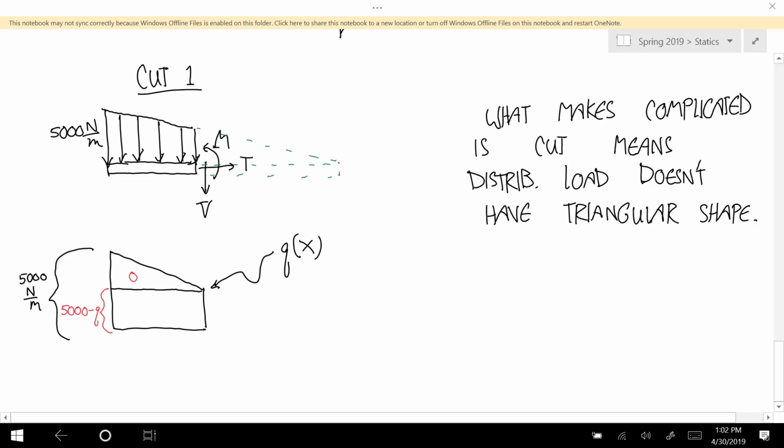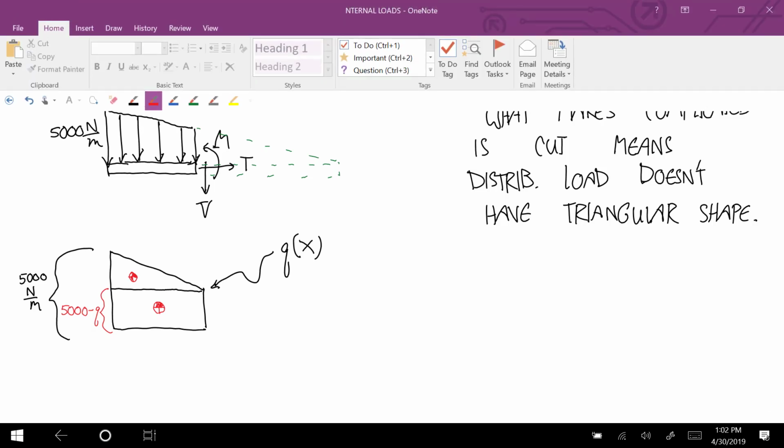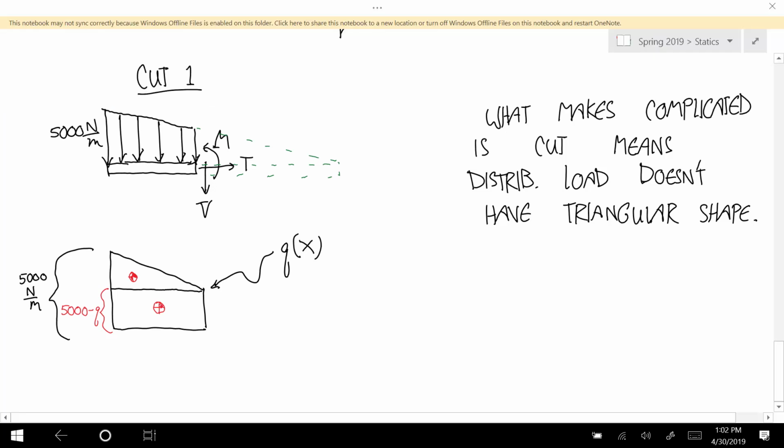You can now treat this as two separate distributed loads. This one has its centroid 1/3 of the way from the left end. This one has its centroid at x over 2. So this distance is x over 2.